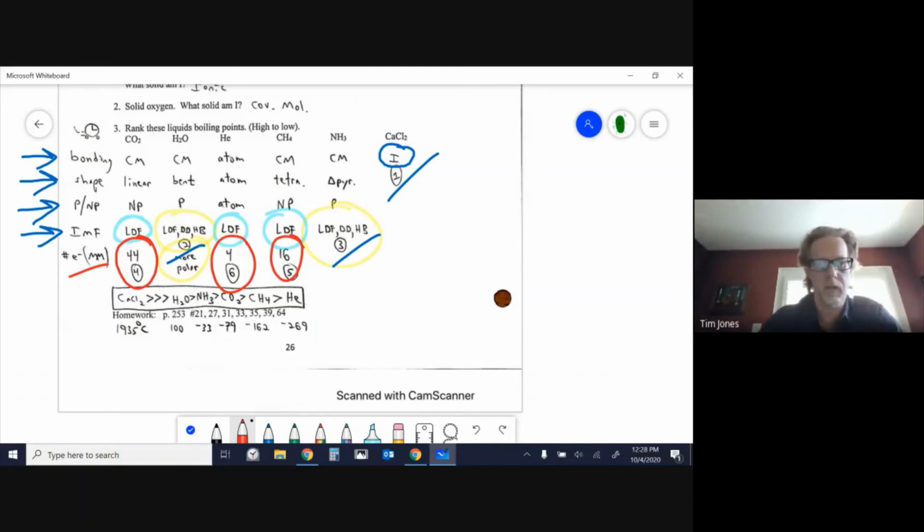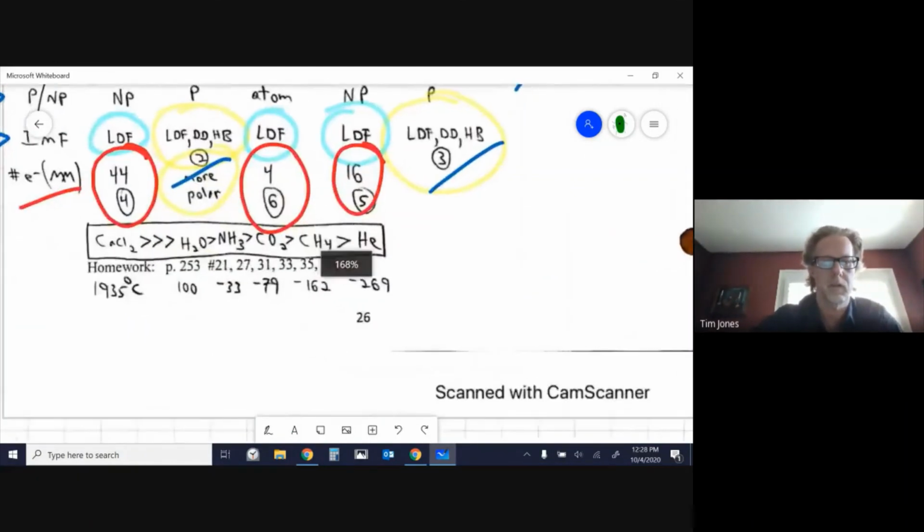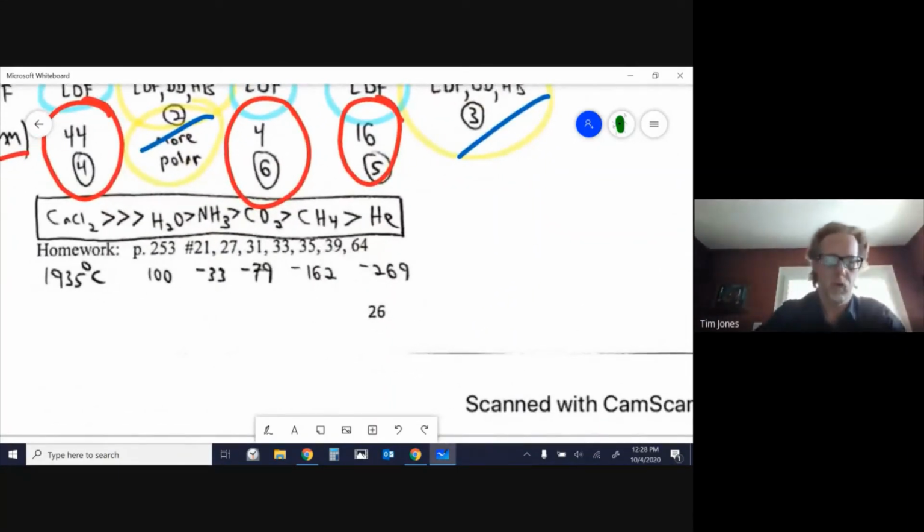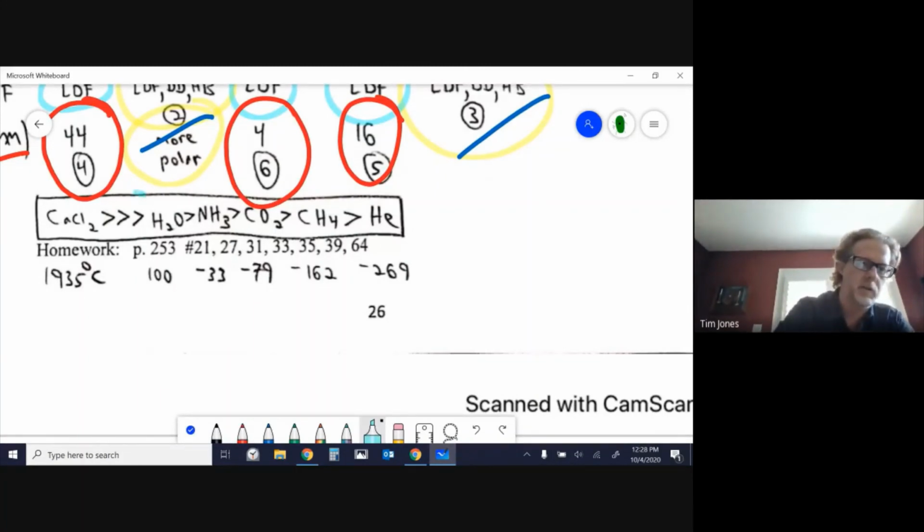And if you look at my ranking here, you might notice that between calcium chloride and water, I went crazy and I did extra greater than signs. That's just emphasizing what a huge jump it is when you go from covalently bonded molecules, which have intermolecular forces, to ionically bonded ions, making a crystal lattice.